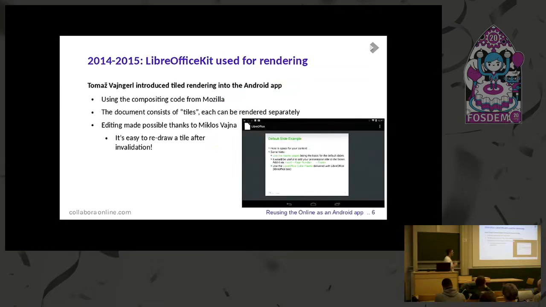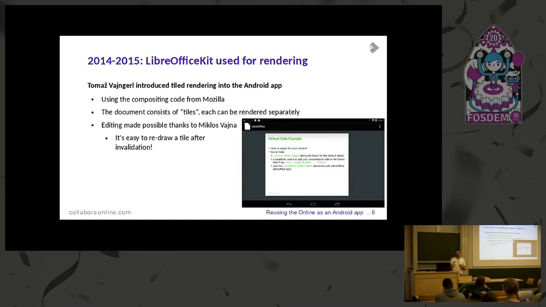So the next step here was to actually use the LibreOffice Kit. LibreOffice Kit, which came from the need of the mobile and web applications, is some kind of API for LibreOffice that allows you to simply access the functionality of LibreOffice from C or C++.